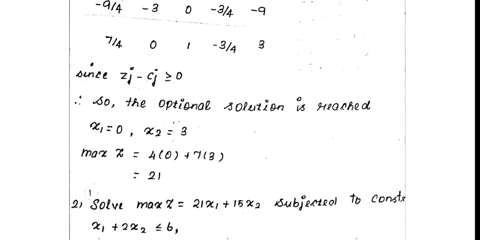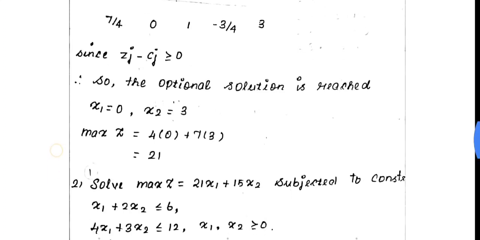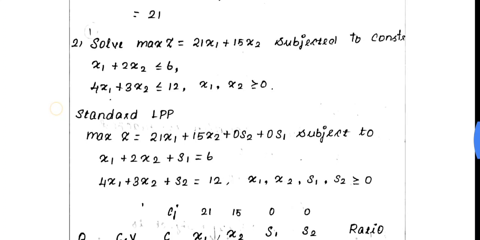Solve: maximize z equal to 21x1 plus 15x2 subject to the constraints x1 plus 2x2 less than or equal to 6, 4x1 plus 3x2 less than or equal to 12, x1, x2 greater than or equal to 0. Write the standard form.